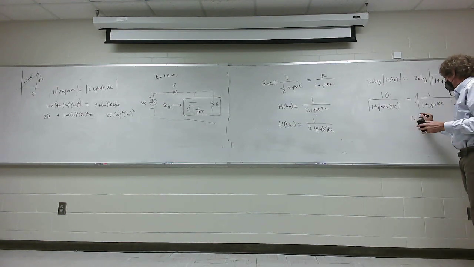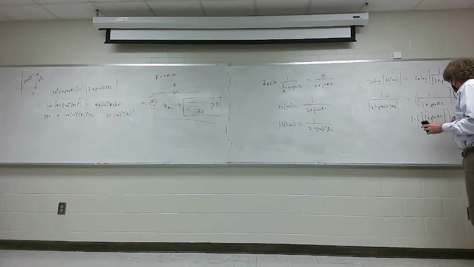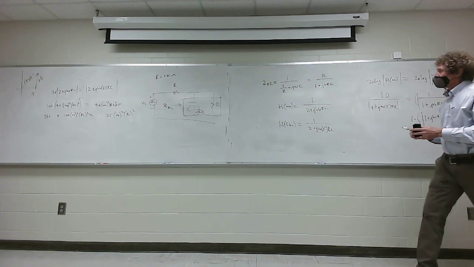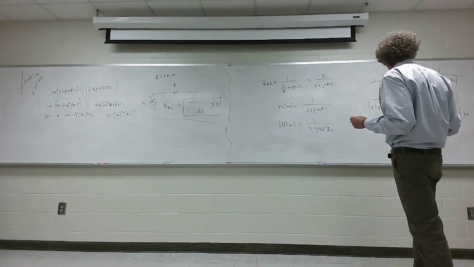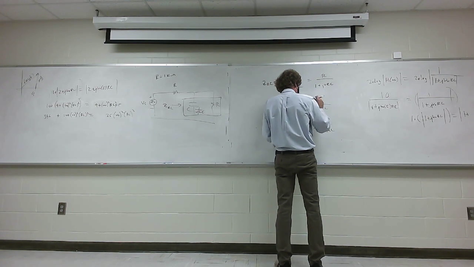Cross multiply, I think this is what I had, didn't I? Yeah. Oh, but it was 2, wasn't it? Yes. I think I know the problem. What I should have done is put the half up top.